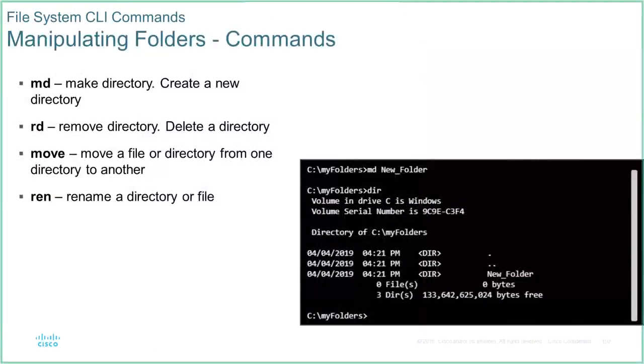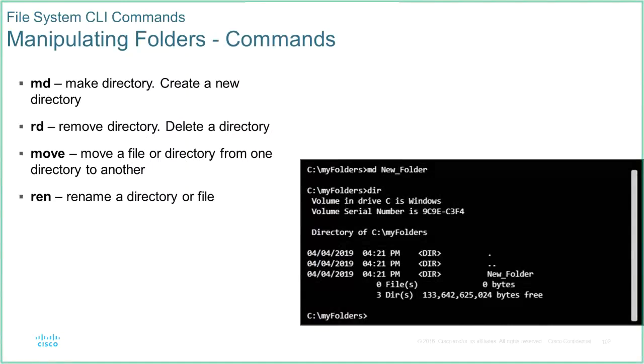So these would be what I would refer to as the old DOS commands. The original disk operating system is basically where these commands are from. So CD for change directory, MD for make directory, RD for remove directory.